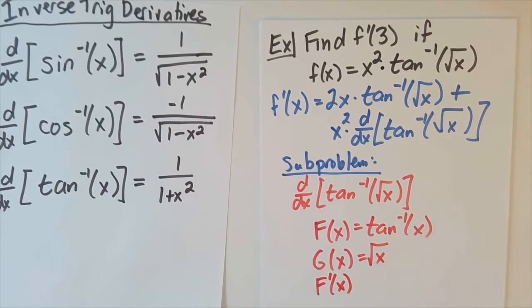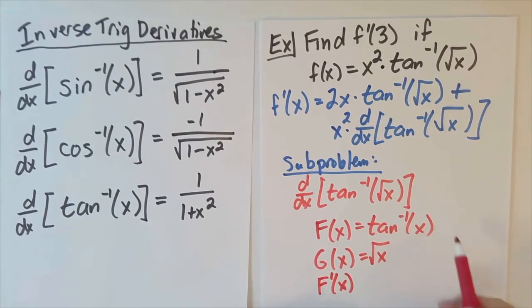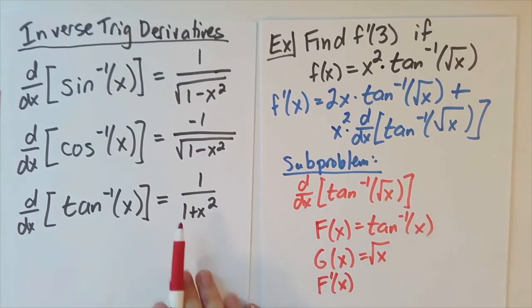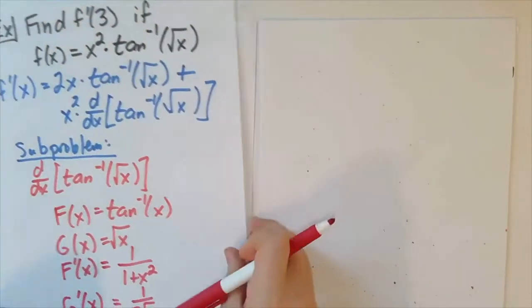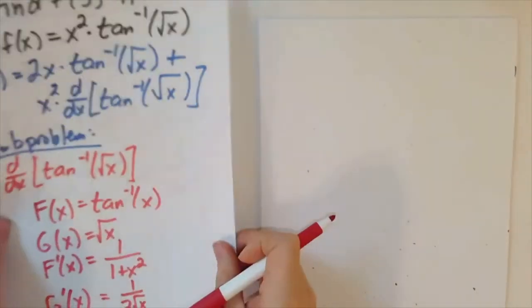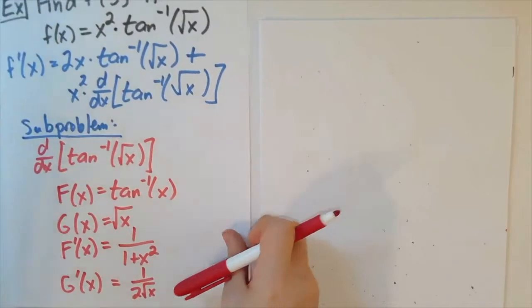Well, f prime of x, that's the derivative of arctangent. That's the thing we just learned. That is 1 over 1 plus x squared. And then g prime of x, that is 1 over twice the square root of x. Okay, so I'm going to put that all here for the time being.